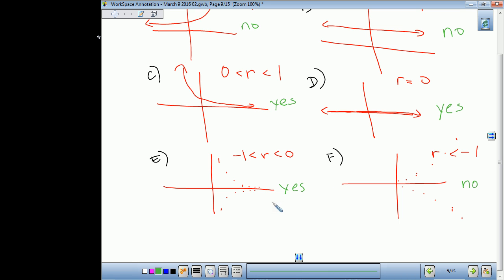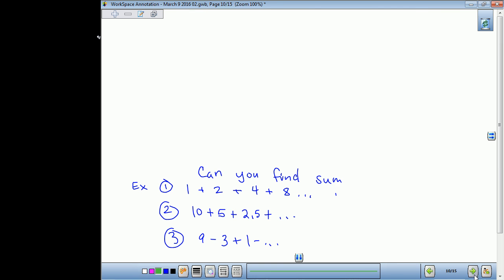And our calculator even told us that 0.5 to the 1,000 power is 0. Now, is it 0 exactly? No. It really bugs me that it's not 0.